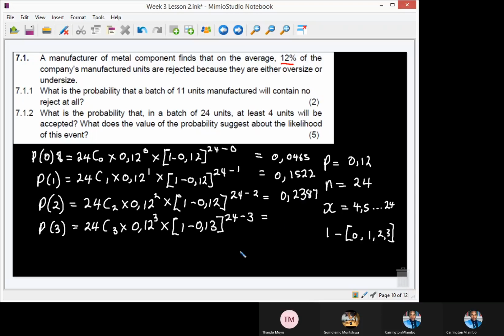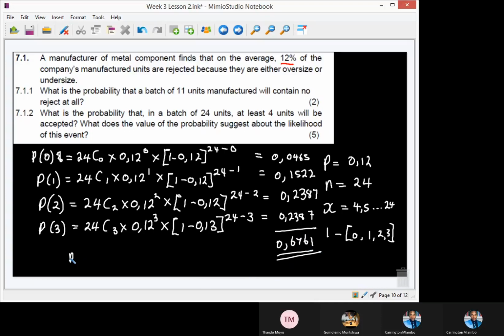Then for 3, 0.2387. Then we can add all our answers to get the probability, which gives us a total of 0.6761.